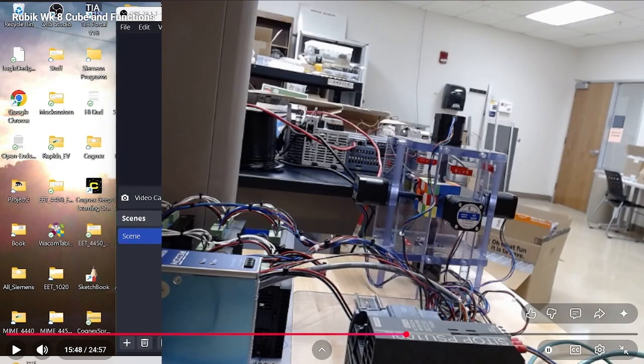So the wiring goes from the PLC to this block over here, these 6 motors, the motor controllers, and then from the motor controllers it goes over to the steppers themselves. What you're sending out here are pulses. And those pulses are converted into a move. So if you send 100 pulses, you're moving 90 degrees. And that's what that's about. So that gives you a little bit of an idea.